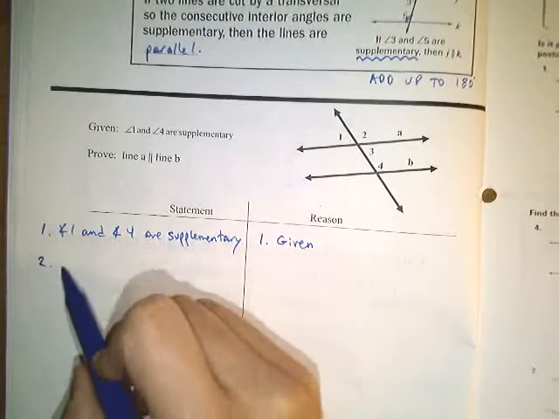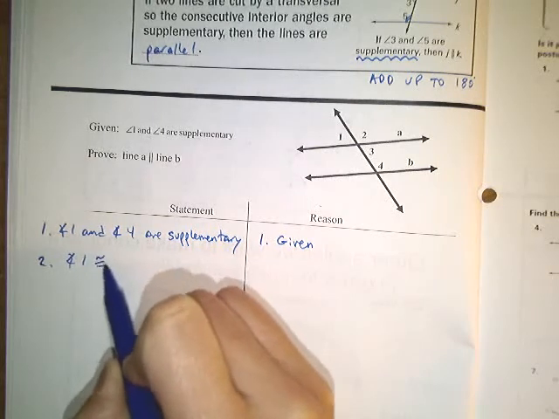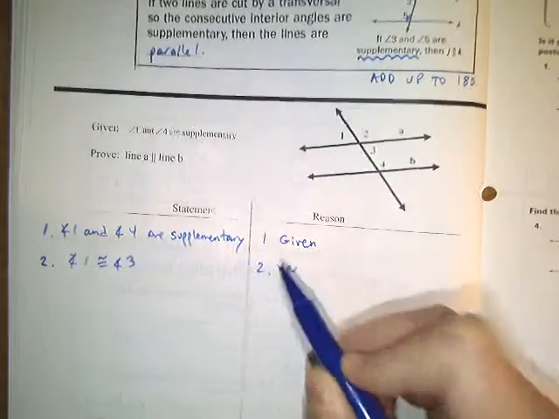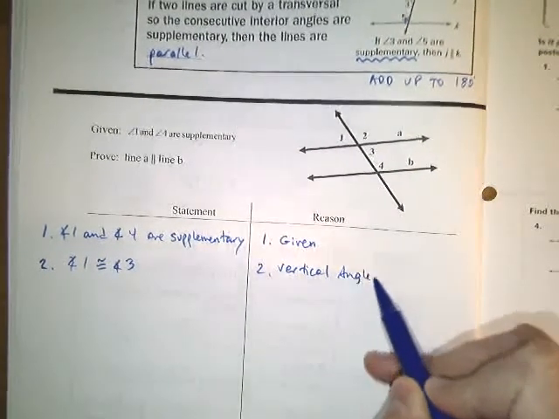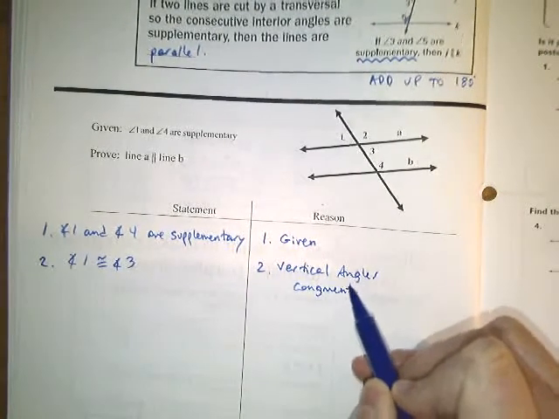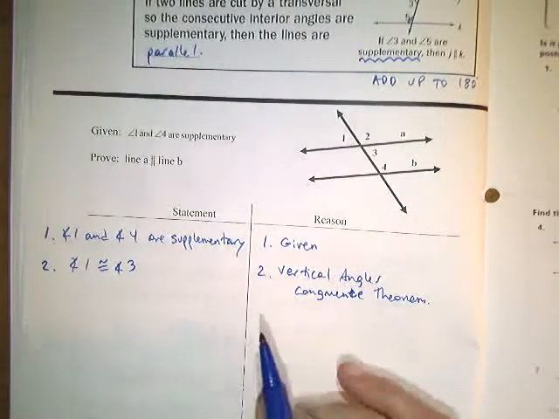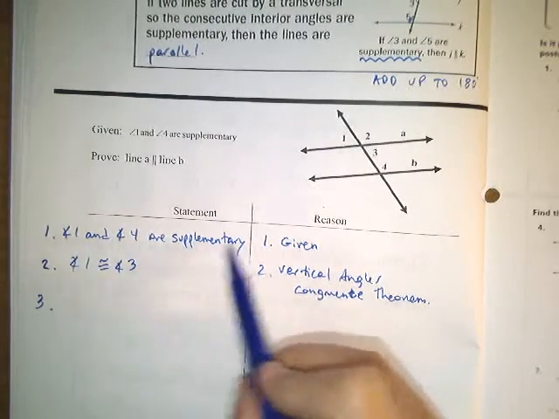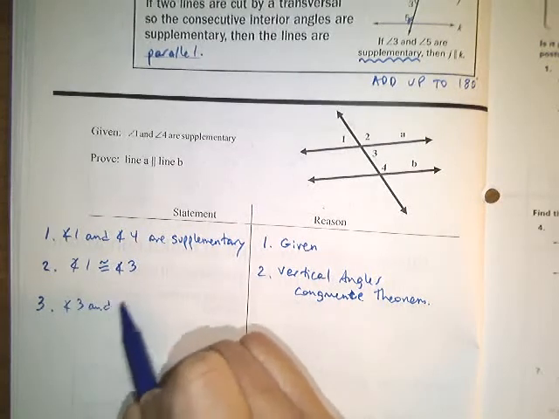So, step 2 is that angle 1 is congruent to angle 3 by the vertical angles congruence theorem. Okay. And then here I'm going to use some substitution. I'm going to take my original statement, I'm going to take out angle 1. In its place, I'm going to put in angle 3.